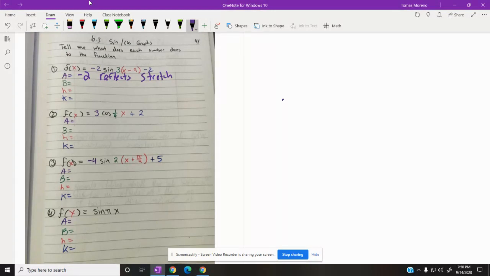Now, what is this 3 going to do? Let me get the green. We know the period is going to be 2 pi over this 3. So, 2 pi over 3, what is that going to do? That's going to compress the period, right? Because 2 pi is roughly 6.28, is what we said.